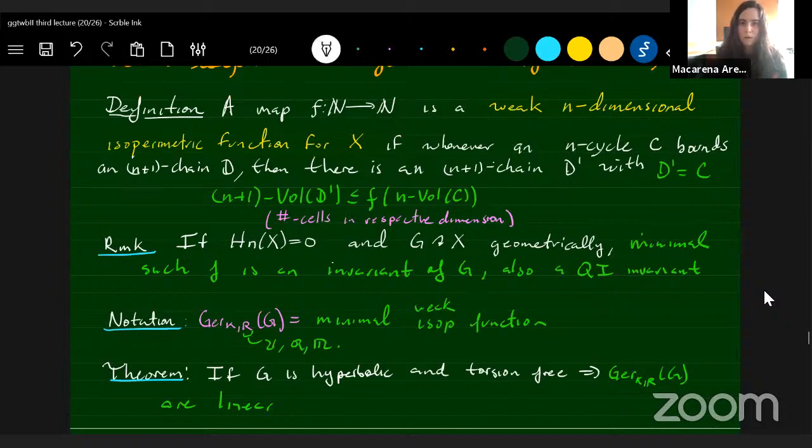This is a theorem of basically Lang and Mineyev. One of them did some of the coefficients and the other one did the other coefficients. I can't remember exactly, but between the two of them, they cover all possible cases.